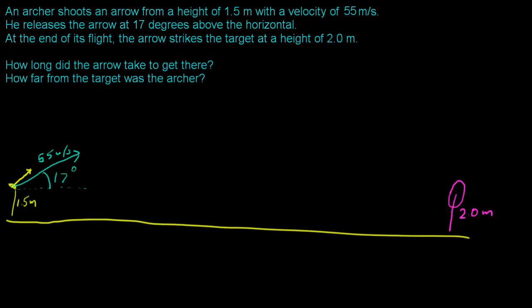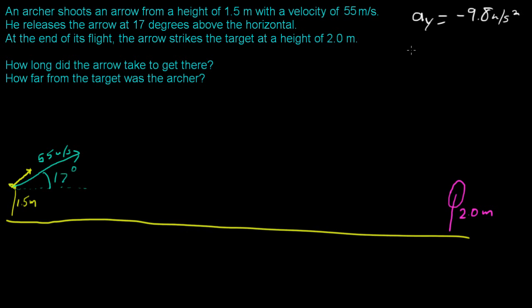Okay, let's go ahead and write down what we already know. Well, we already know that the acceleration in the y direction is negative 9.8 meters per second squared, right? Because we're on planet Earth, we assume.